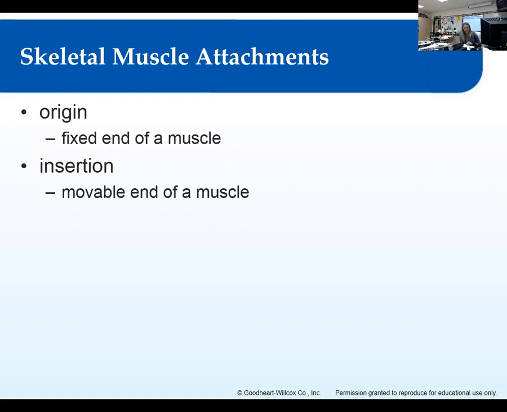Okay, skeletal muscle attachment. So the origin is the fixed end of the muscle, and the insertion point is the movable end. So when you think about it, the origin is kind of like where the muscle starts, and the insertion is the end. So for example, your biceps, the origin is actually your scapula, way up here.